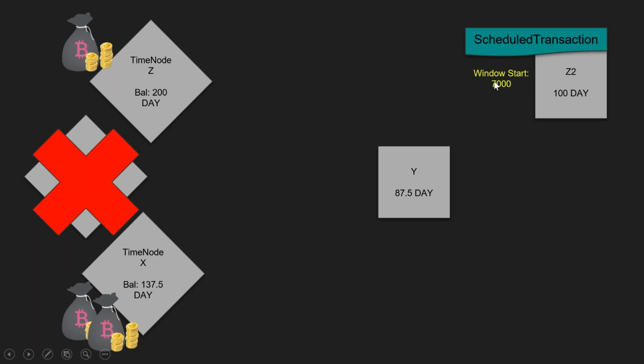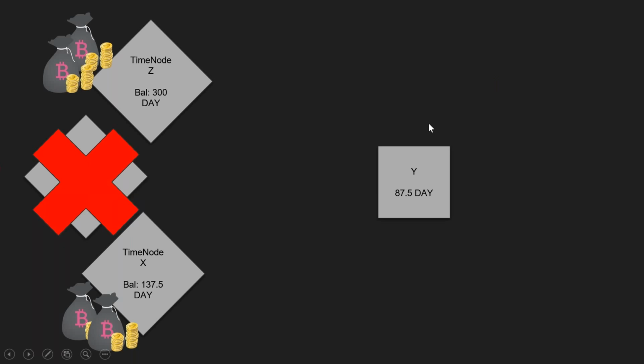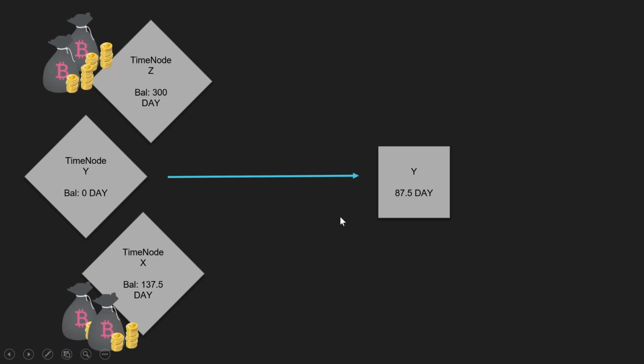Then time node Z goes ahead and executes its second transaction. And sometime later, time node Y comes back online and realizes that it missed the window for its execution, but it still has some bond left over, so it just reclaims the bond.